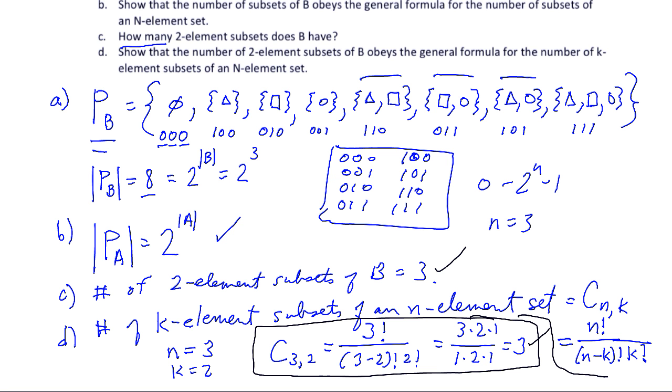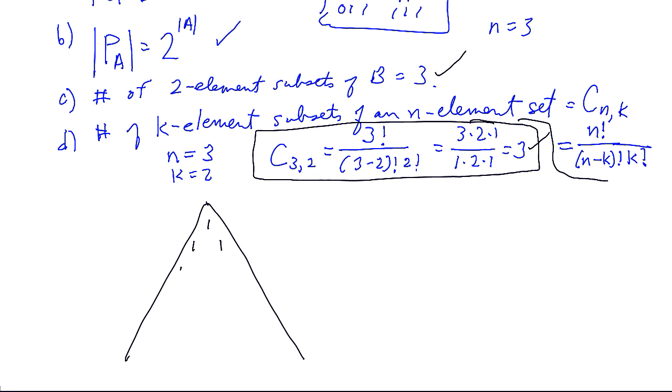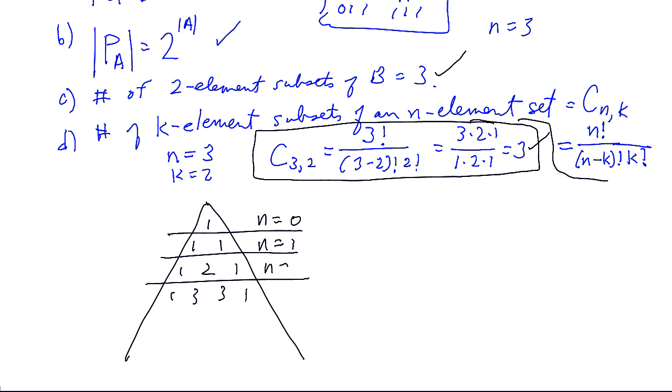Okay, and just as a reminder, this is also equal to the third or fourth row down of Pascal's triangle. This is the n equals 0, n equals 1, n equals 2, and n equals 3 row of Pascal's triangle.